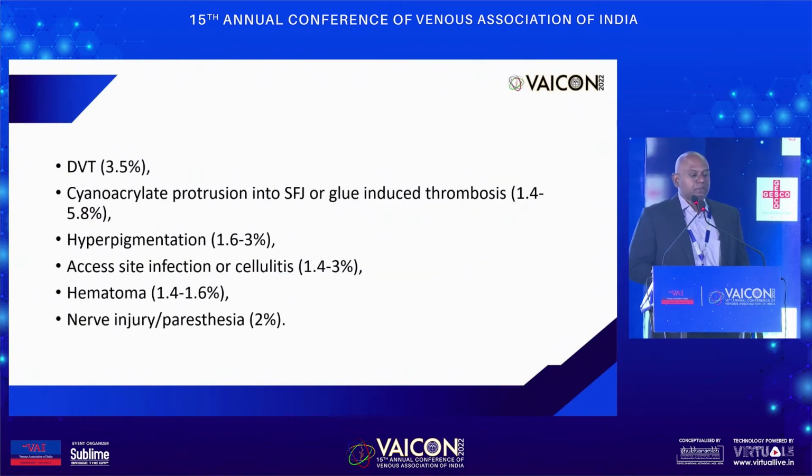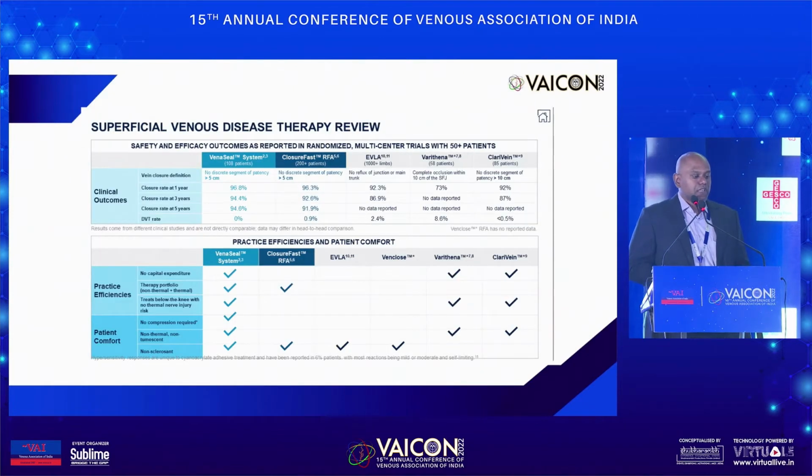DVT is about 3.5%. It's a controlled propulsion of the glue, so glue-induced thrombosis is about 1.4%. And then there are the other things that are common to all ablative procedures.